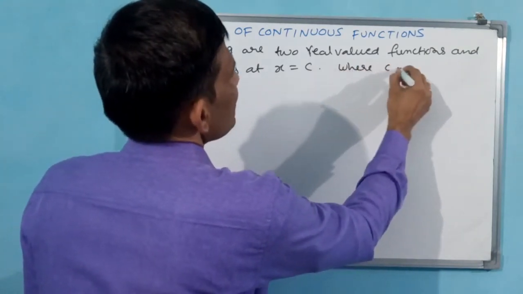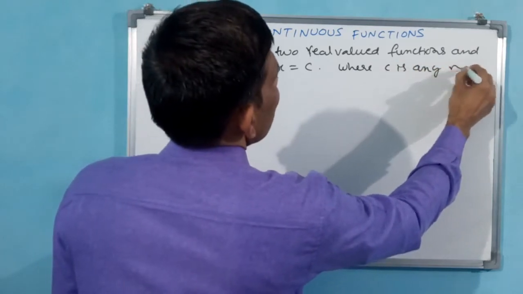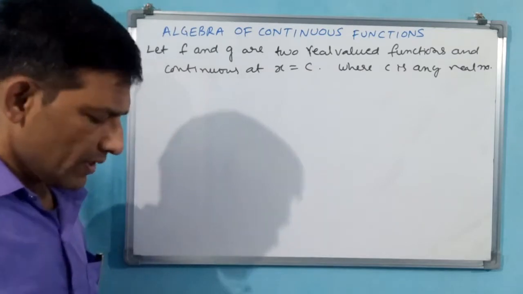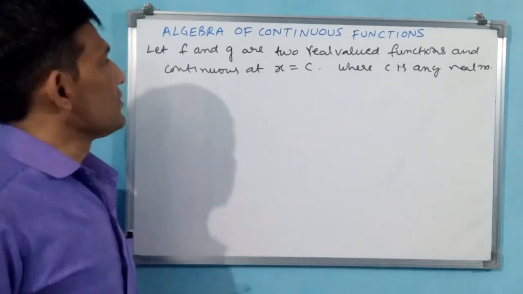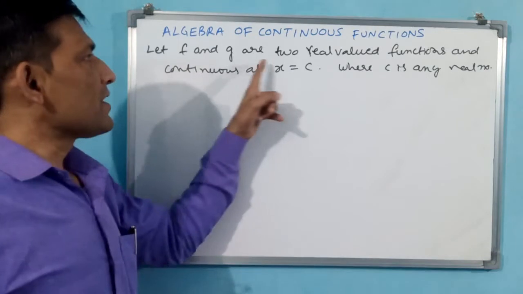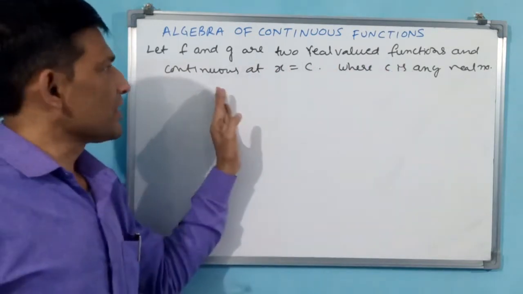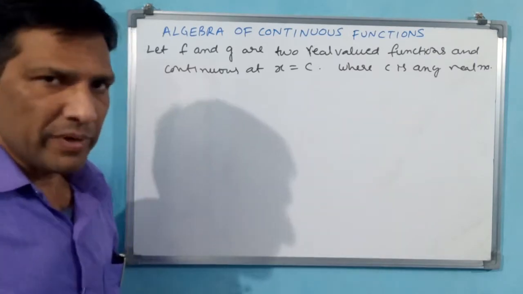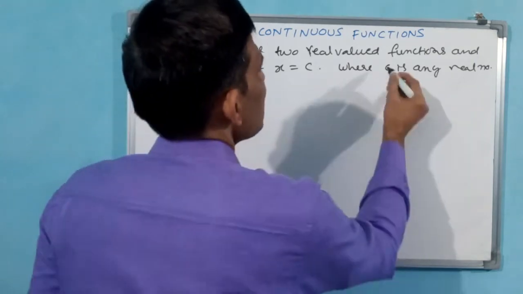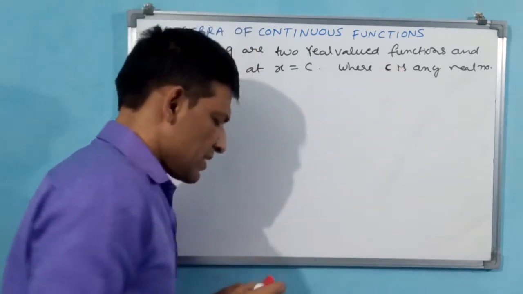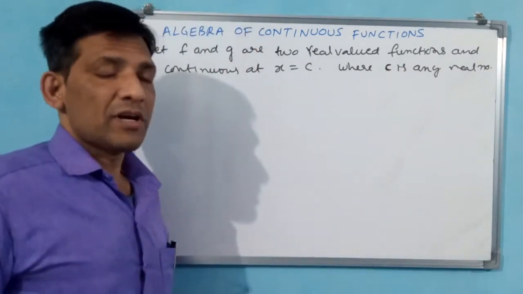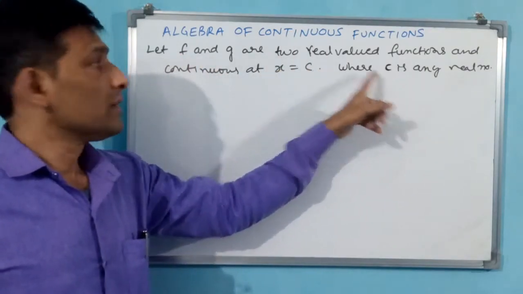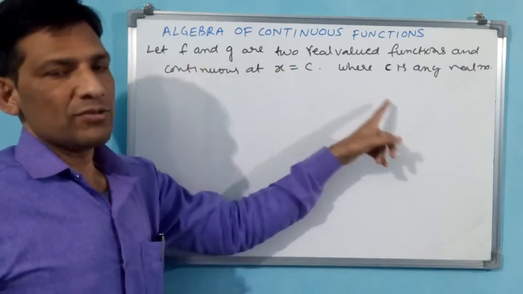That means for real valued functions, at any real number, these functions are continuous. So f is continuous at x is equal to c, and g is also continuous at x is equal to c.